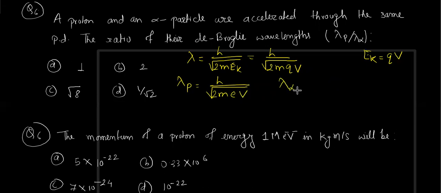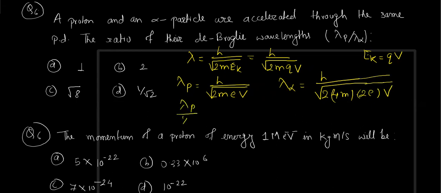And for alpha particle, h by root under 2 into 4m, because the mass of alpha particle is approximately 4 times greater than the mass of proton, and its charge is 2 times that of electron or proton, and potential is V. Well, we have to find here lambda p by lambda alpha, and if you put these all, then there will be 4 times 2, because rest of the thing 2meV will cancel out.